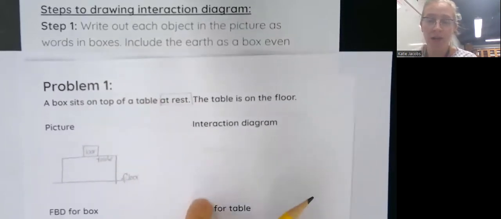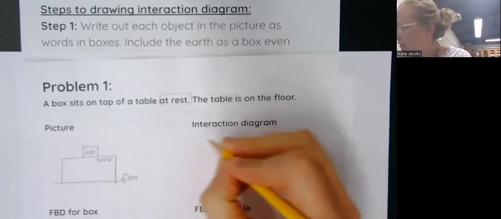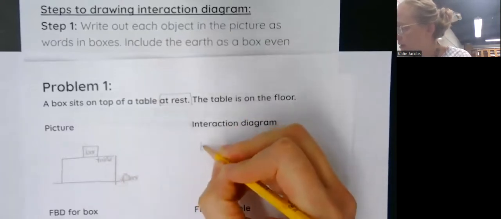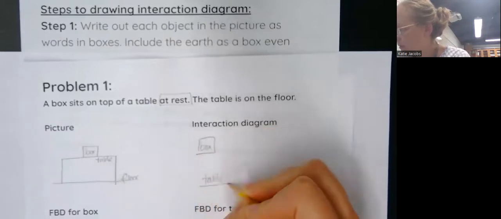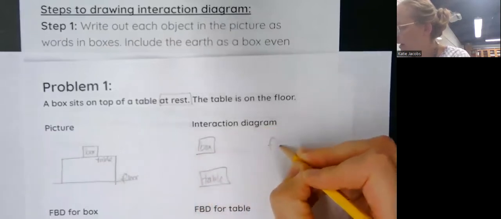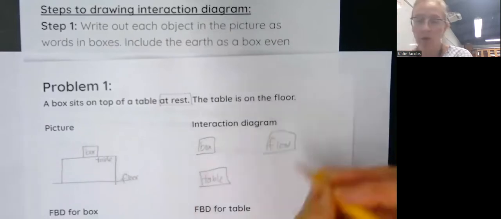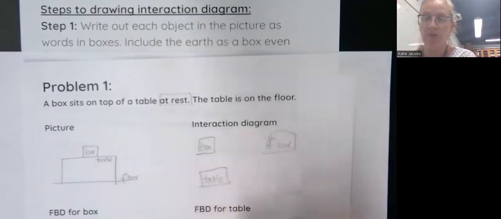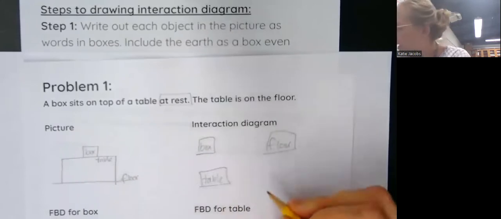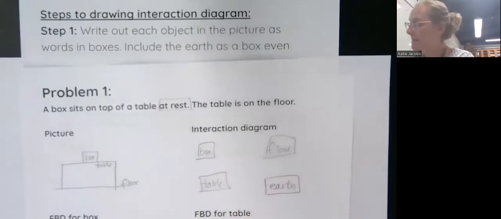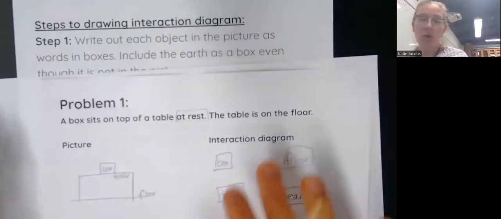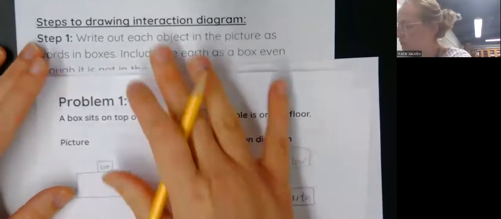In my interaction diagram, I have three objects: the box, the table, the floor. It doesn't matter where you put them, in what order. You can have them in different spots than I do, that's fine. And then again, I put the earth as a separate box. Okay, that's step one. You write out all the objects.